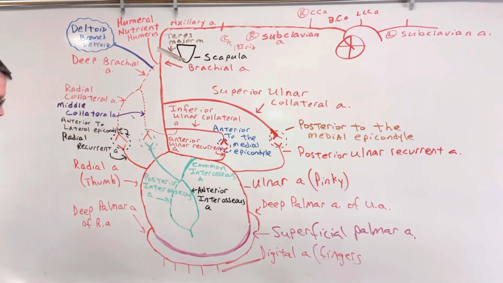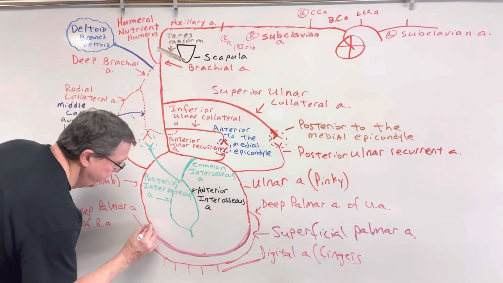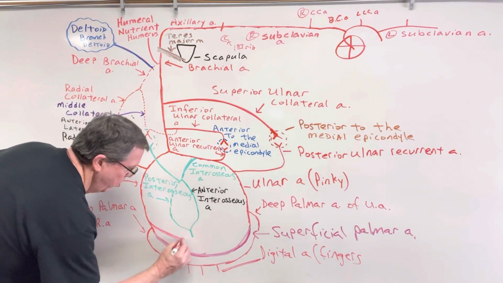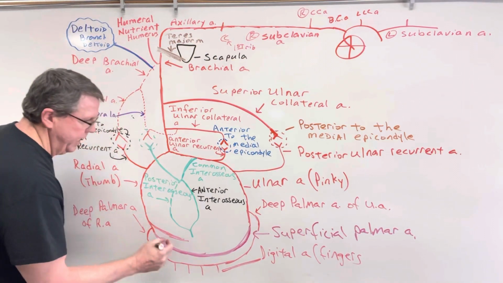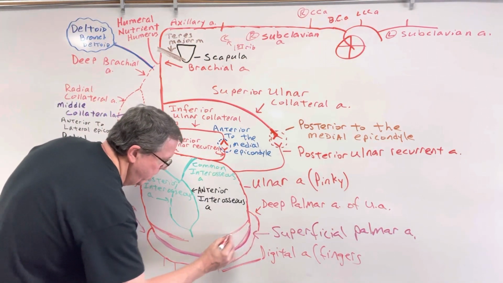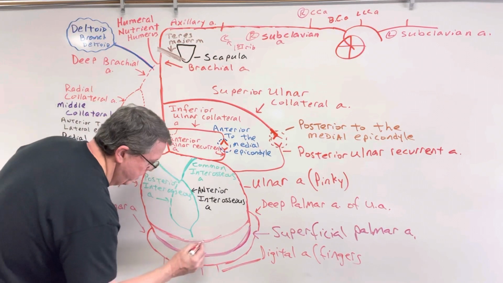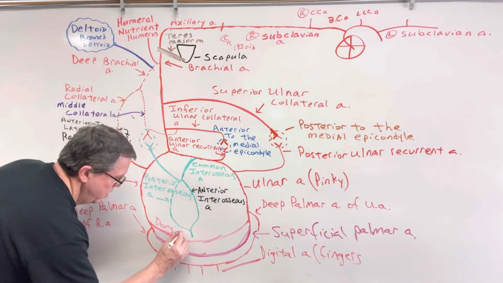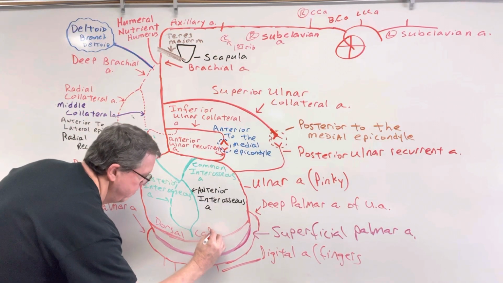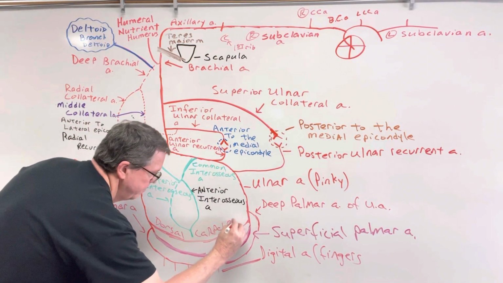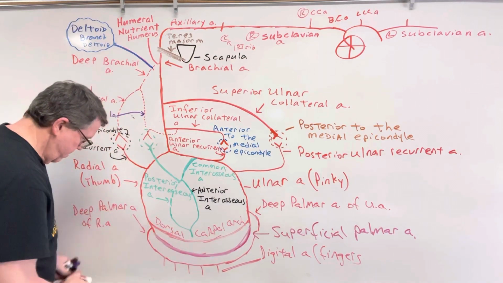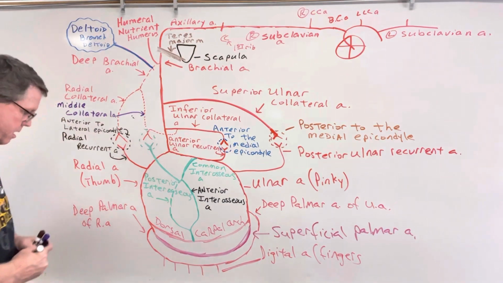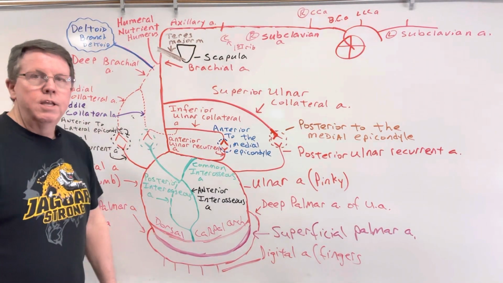The one last thing I have here is coming off of here, I'm going to have a carpal artery coming off the radius, and I'm going to have another one coming off the ulna, and they're going to meet to form what we call the dorsal carpal arch, and then this interosseous artery is going to meet up with that.